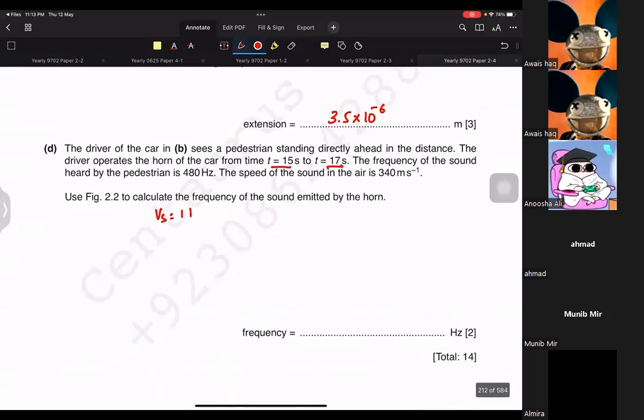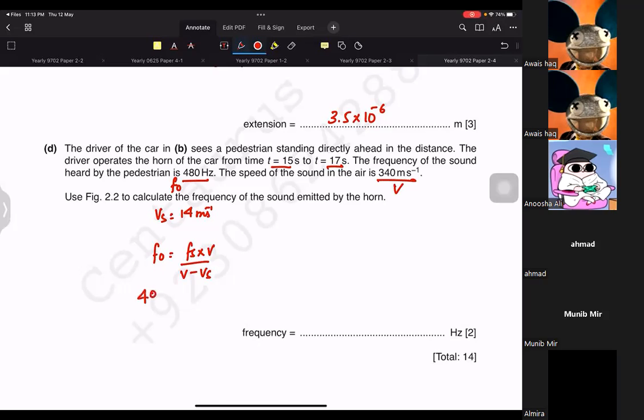So source is 14. Now it says the frequency of the sound heard by pedestrians. So this is the observed frequency, and this is V, and the frequency of the sound. So observed frequency is Fs times V over V minus Vs. Why? Because it's moving towards the observer.